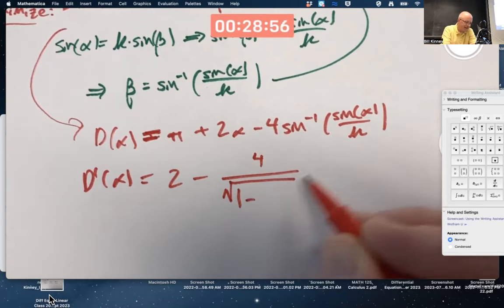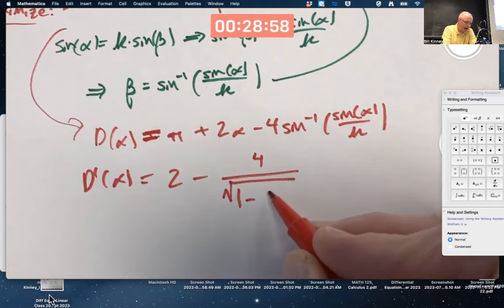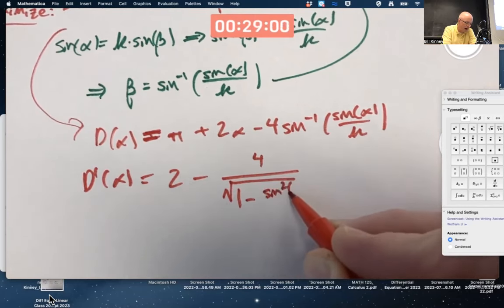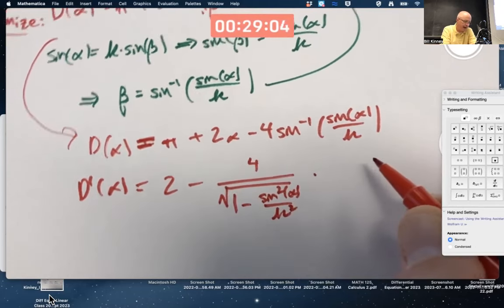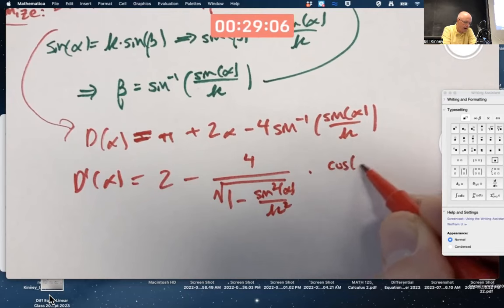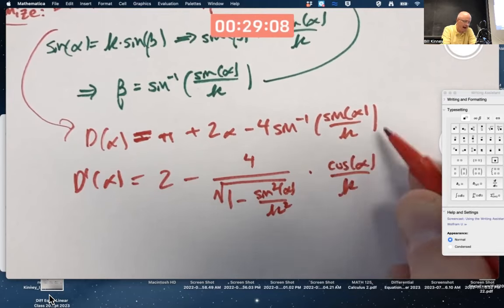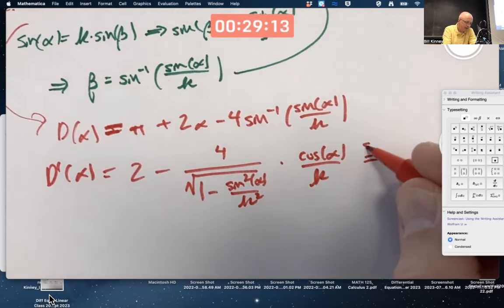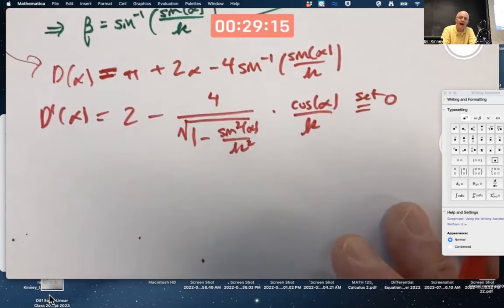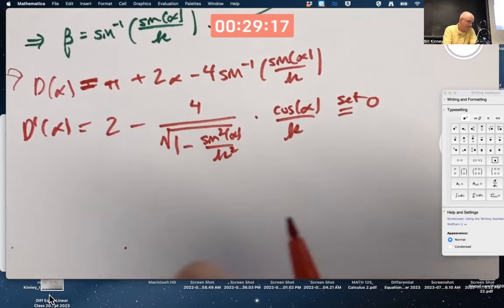But in place of x, I need to replace it with sine of alpha over k. So I get 1 minus sine squared alpha over k squared. Then the chain rule gives me an extra factor of cos alpha over k, the derivative of sine alpha over k with respect to alpha. Set this equal to 0 and solve for alpha. Yikes.